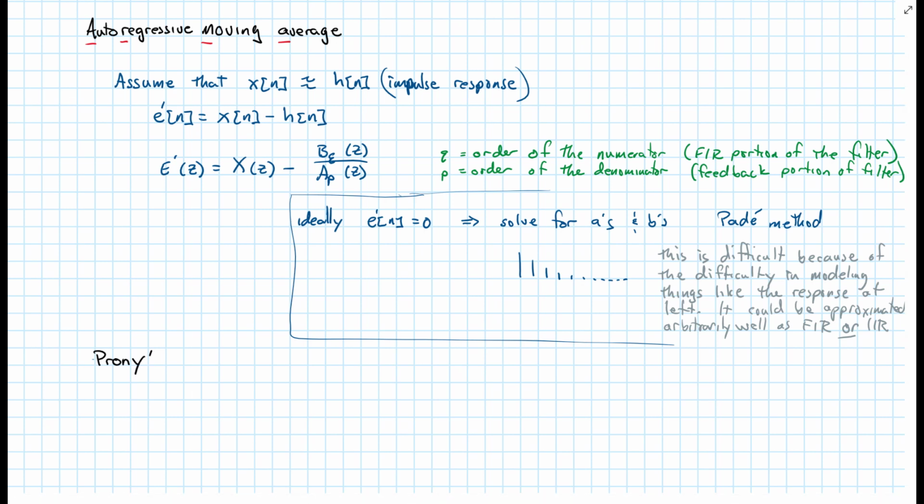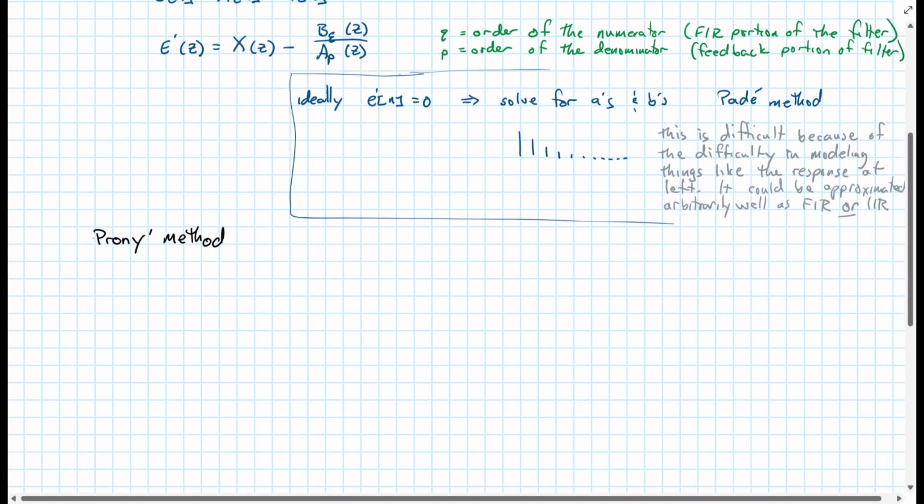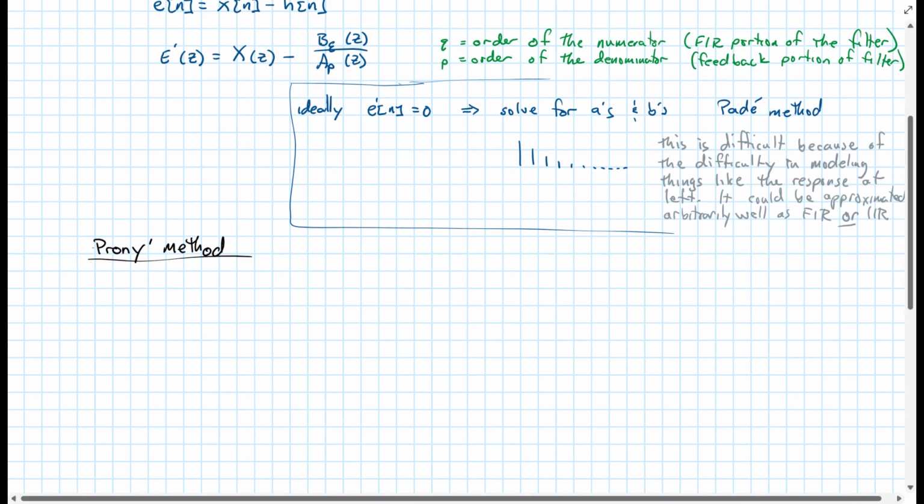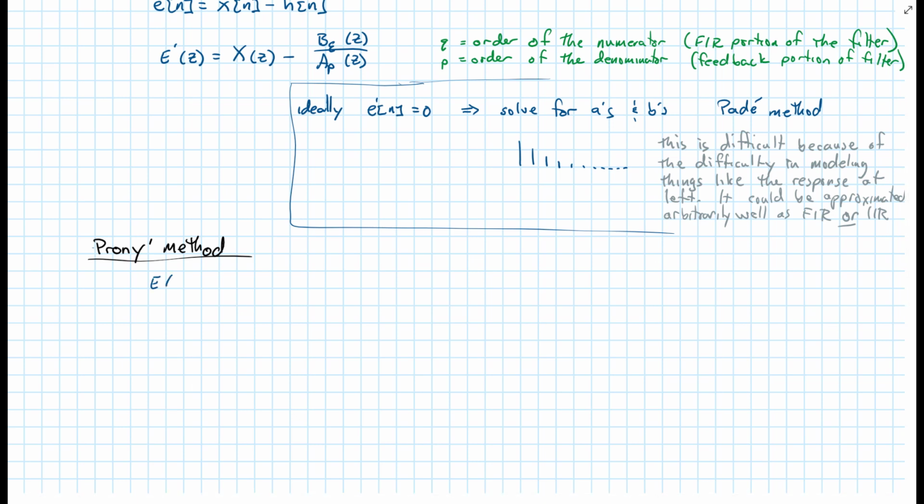Prony's method gets around this ambiguity by coming up with perhaps a non-ideal way of solving the problem, and that is this. We're going to define a new error function. You wondered why I defined our prior error as E prime of z. It's because we're defining a new one. E of z is equal to the denominator polynomial A_P of z times E prime of z.